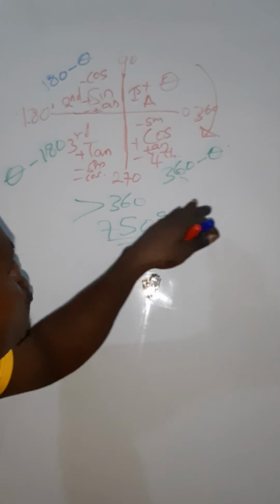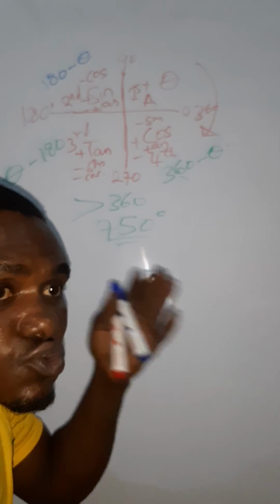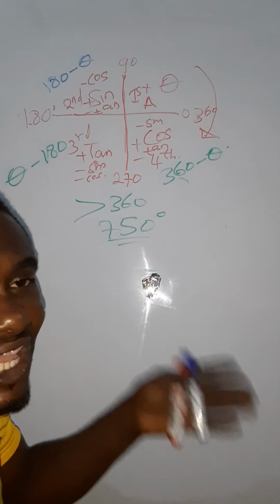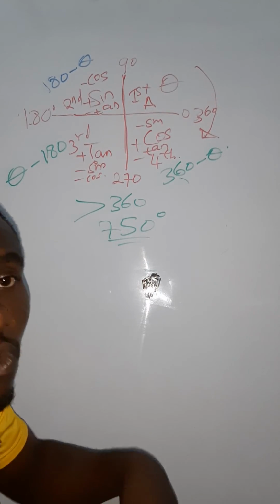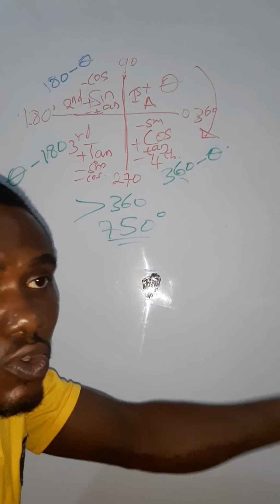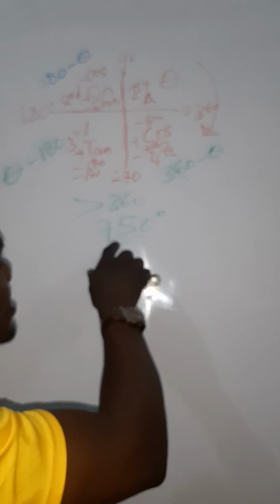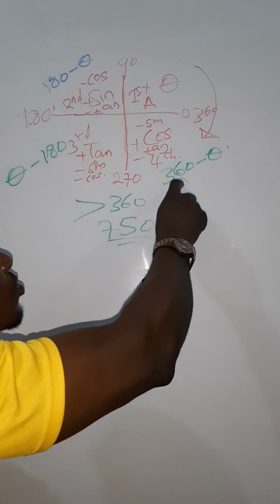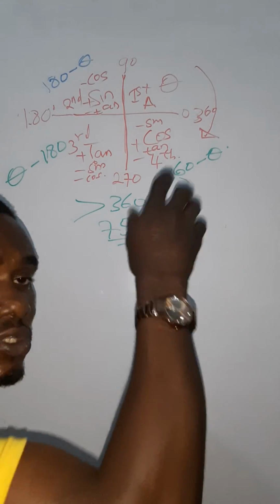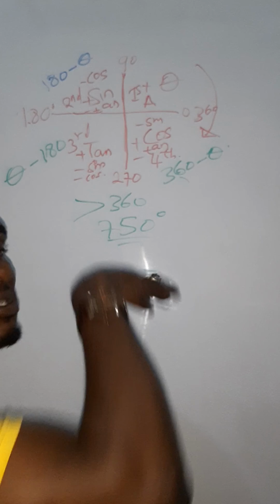You will begin to subtract 360 until the angle is between 0 and 360, so that we can apply all these quadrants to know whether it is going to be positive or negative. I begin to subtract 360 until the angle is below 360, then I treat where the remaining one falls.